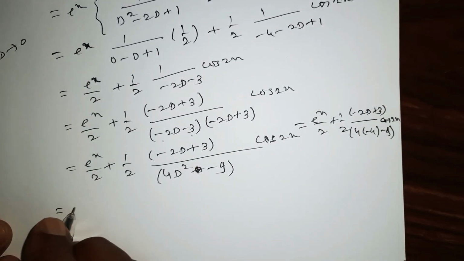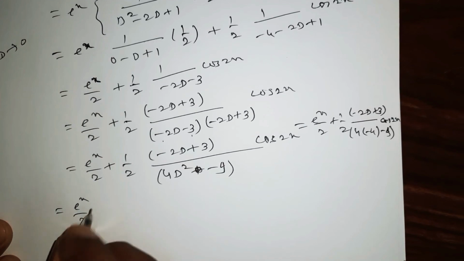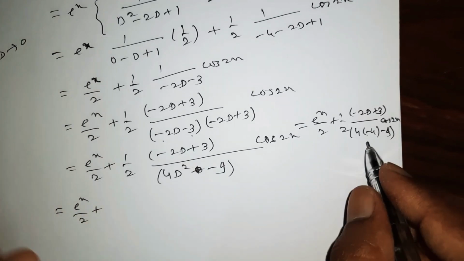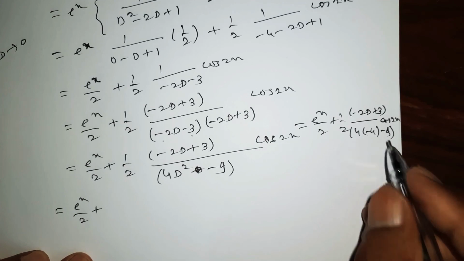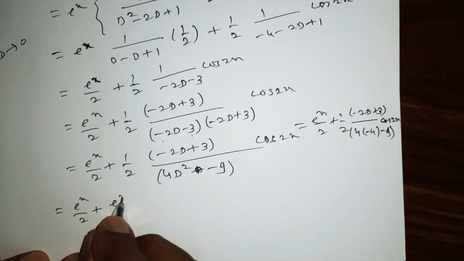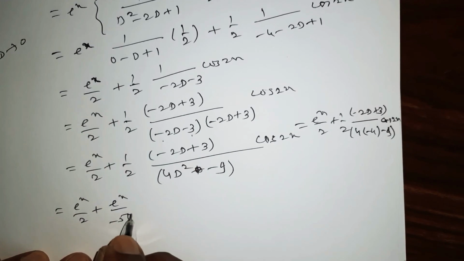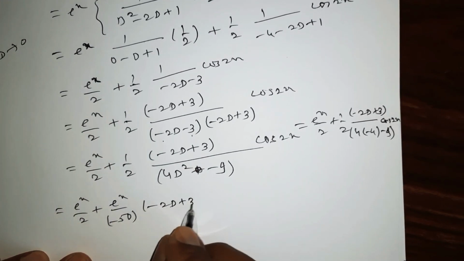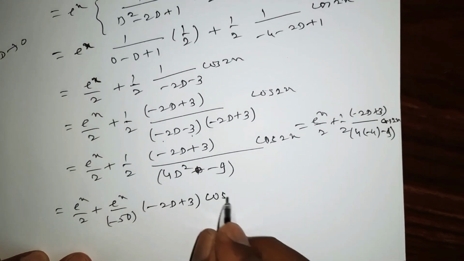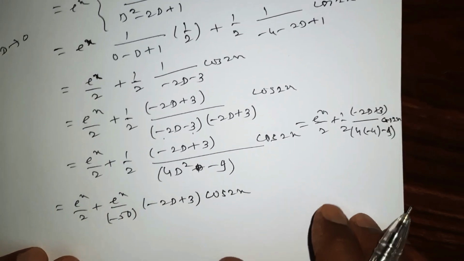Let us complete it. E raised to x upon 2 plus, do your calculation here, minus 16 minus 9, so it is minus 25, and into 2, so it is e raised to x upon minus 50. Correct? Minus 2d plus 3 applied on cos 2x, right?